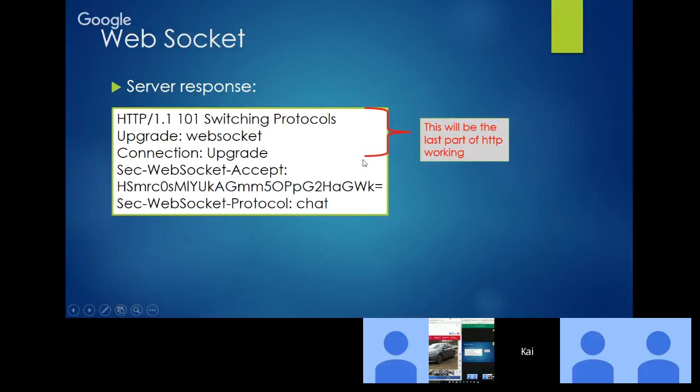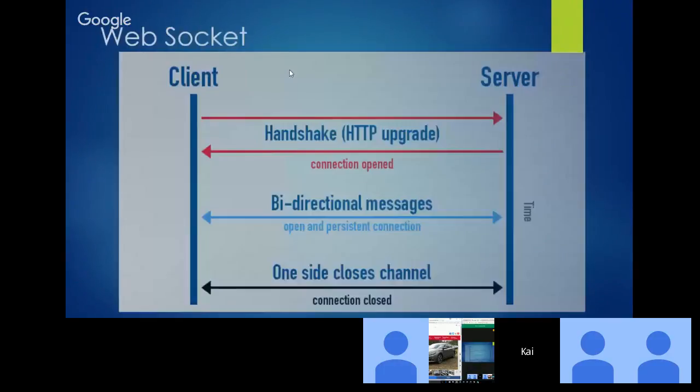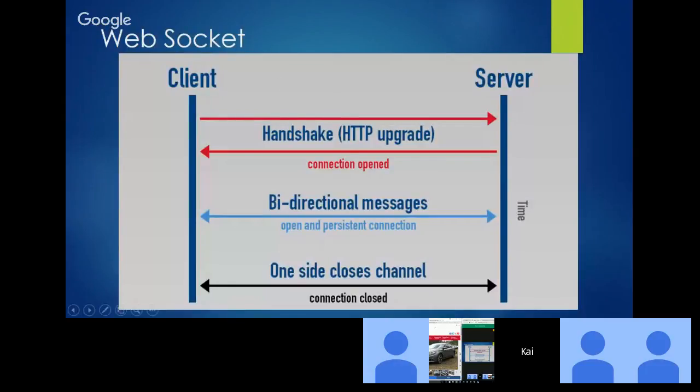So here is the last time HTTP works. After this connection is built, the rest of the connection will be based on the TCP connection. So basically, we use this picture to show generally how the client side and the server side work with each other. The first time, the client side sends a handshake to the server and tells them I'm going to use WebSocket to connect to you.